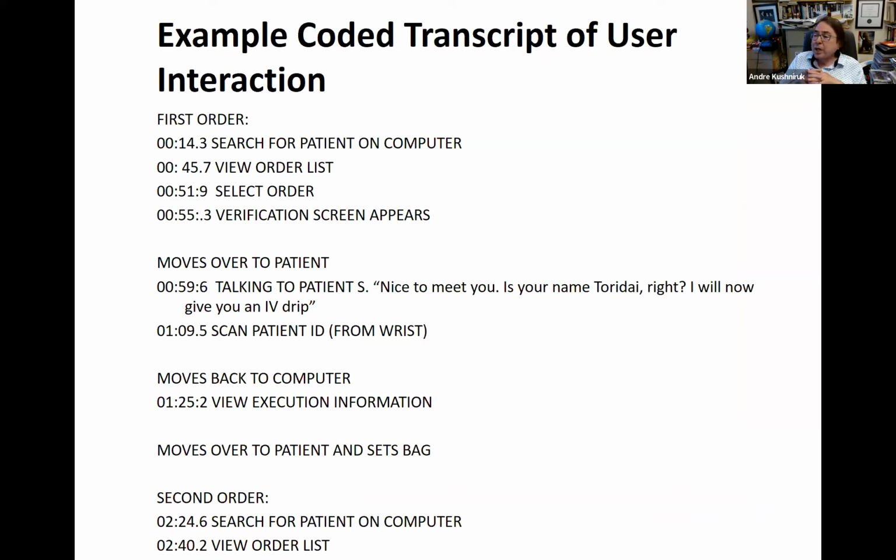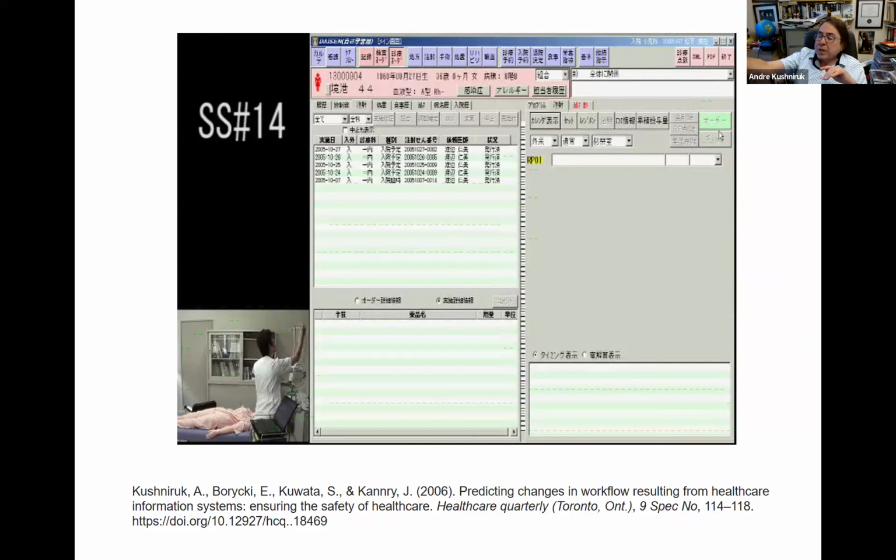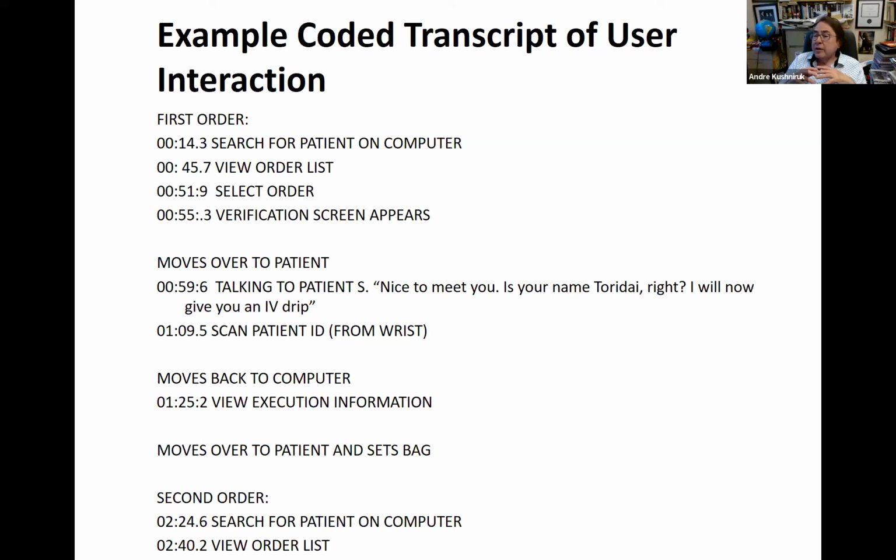So you watch the video and then code it for what they were doing. First of all, searching for the patient on the computer, viewing the order list. So when this screen was frozen, they were actually looking at the orders. Then the user selection order, verification screen appears.